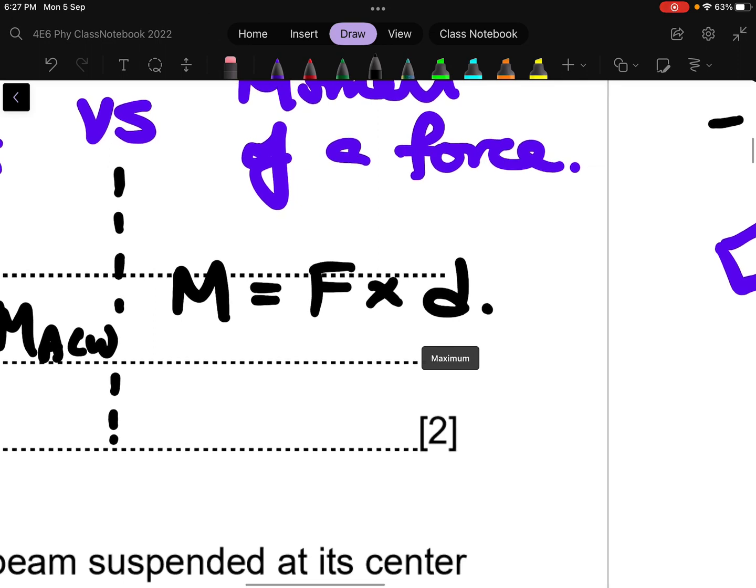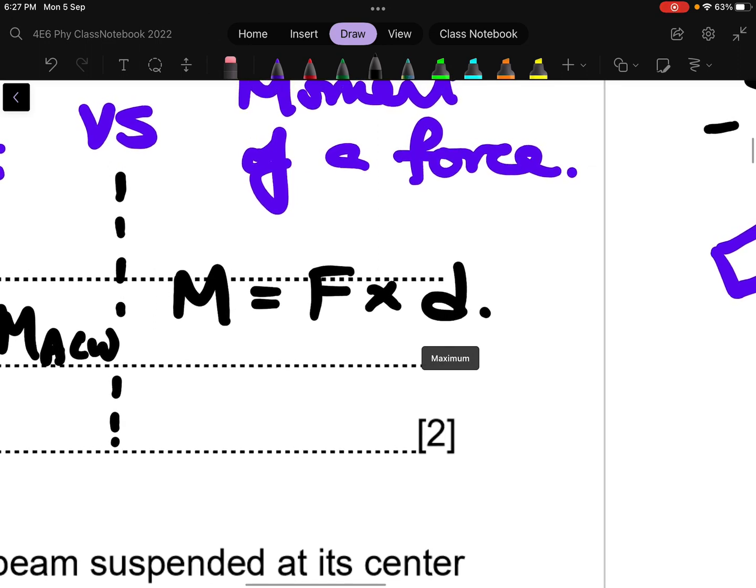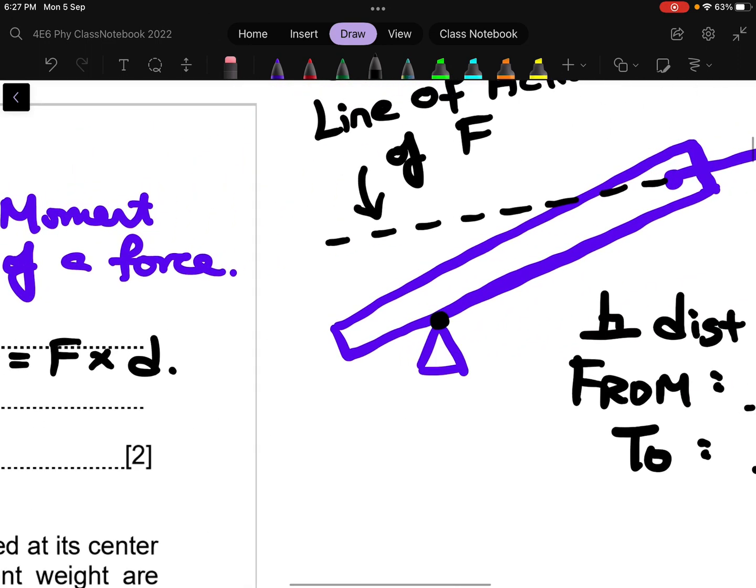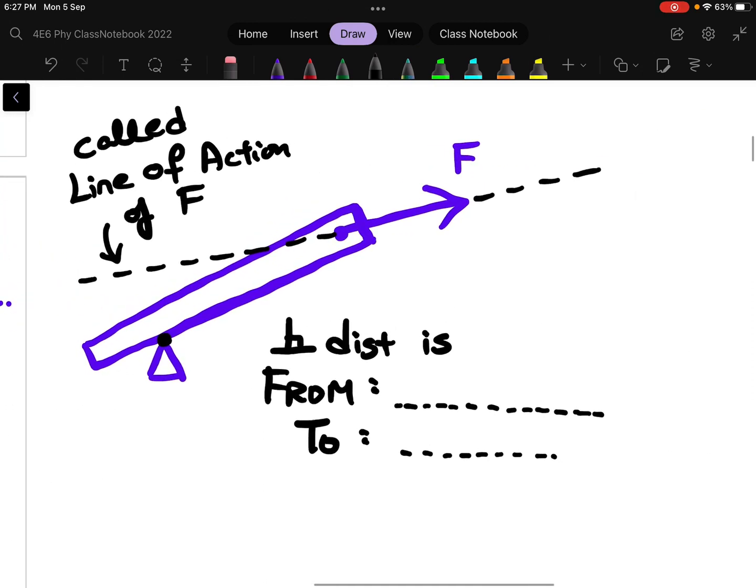The problem with answering this question is that the d, the distance, is defined very specifically. In physics, whenever you want to define a distance, you need to tell me where it is measured from and where it is measured to. So I gave you this example.